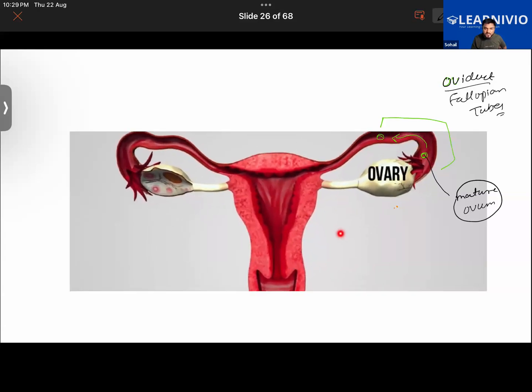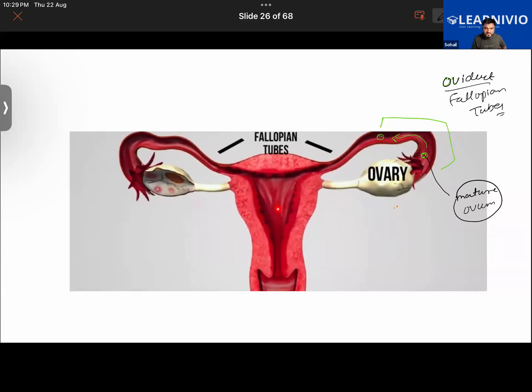After this is a muscular structure with a thick wall, called the uterus. Also pay attention that there is a pair of ovaries and a pair of fallopian tubes, one on the left and one on the right.